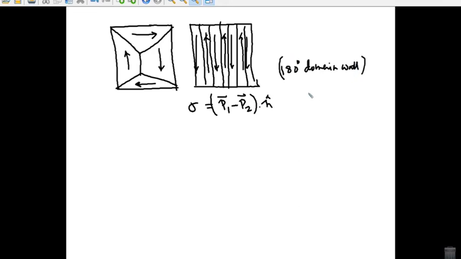or when the domain wall bisects the angle between two domains pointing head to tail. Because we are often dealing with nearly cubic crystals, the possible polarizations are at 90 degrees to each other. The latter is often termed a 90-degree domain wall.